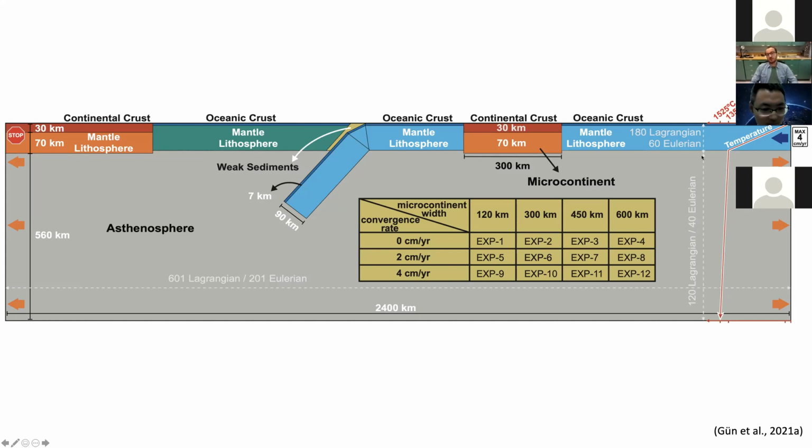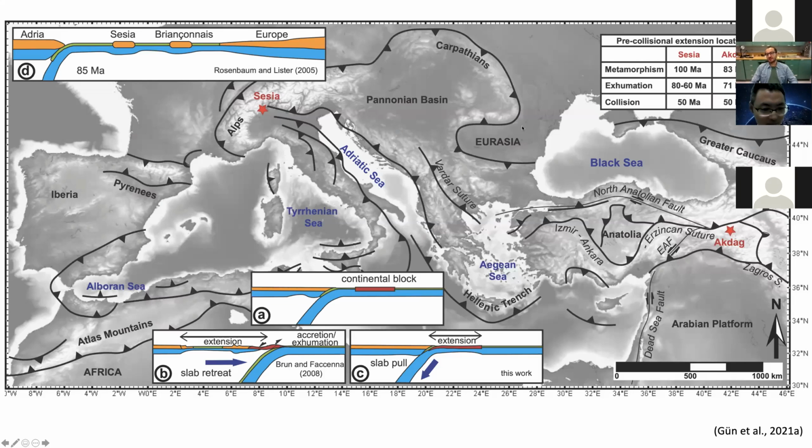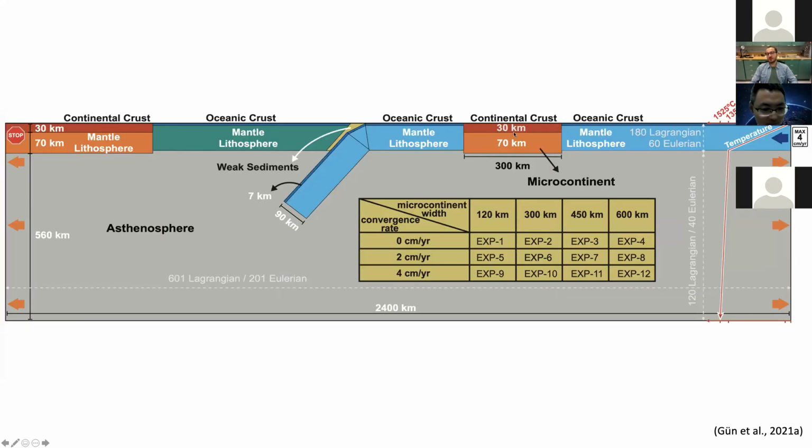And also this oceanic lithosphere carries a microcontinent with it as it moves towards this plate boundary. So we tested different size microcontinents to see if there is any effect on the deformation. We start with a 120 kilometer wide microcontinent and go up to 600 kilometers wide.